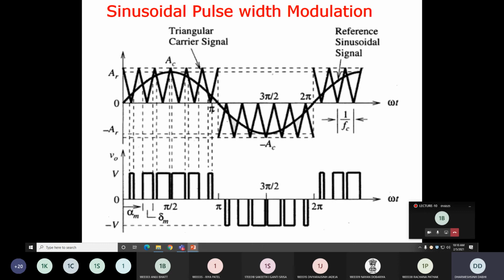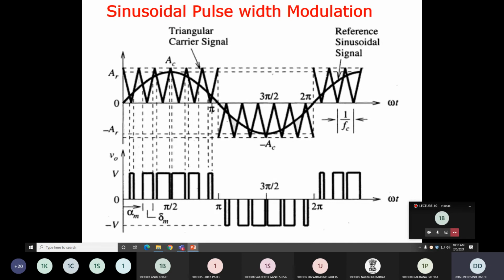Our first idea of using this PWM technique is what? To control the magnitude of the output voltage. But when we control the output voltage, that increases the harmonics, as we saw in the single and multiple pulse width modulation techniques. But use the one method which reduces the harmonics as well as gives more efficiency.